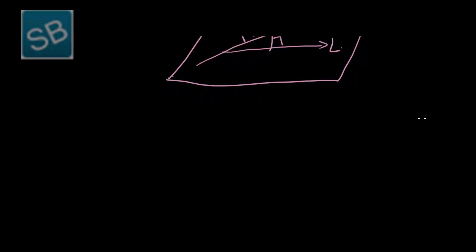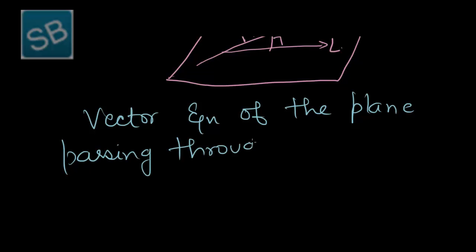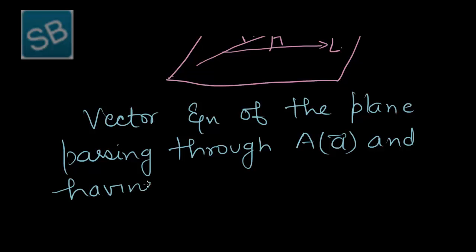Now, we have to find the vector equation of the plane passing through a point with position vector a and having normal n.